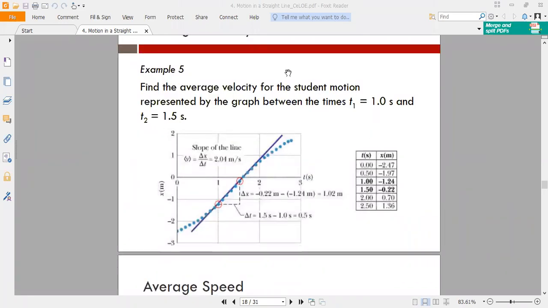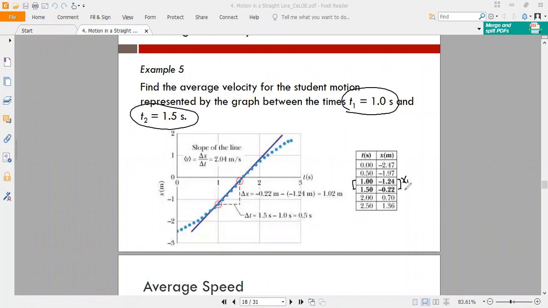And we can also find the average velocity in the graph. Yeah, for example, this is the graph between t0 until 2.5 second. And the problem is you need to find the average velocity from t1, which is 1 second, to t2, 1.5 seconds. So in this interval, okay. So yeah, it's still easy, right?